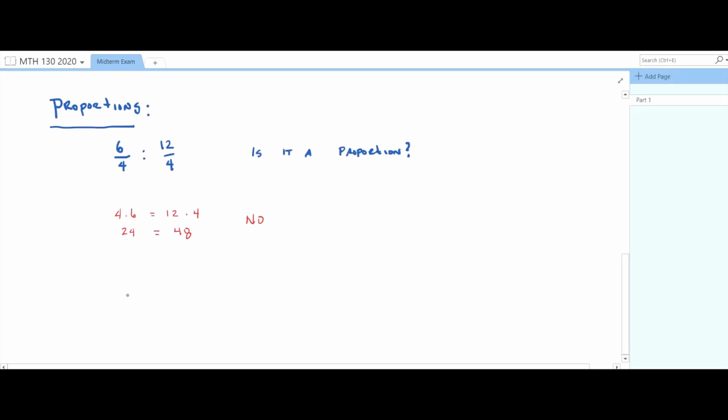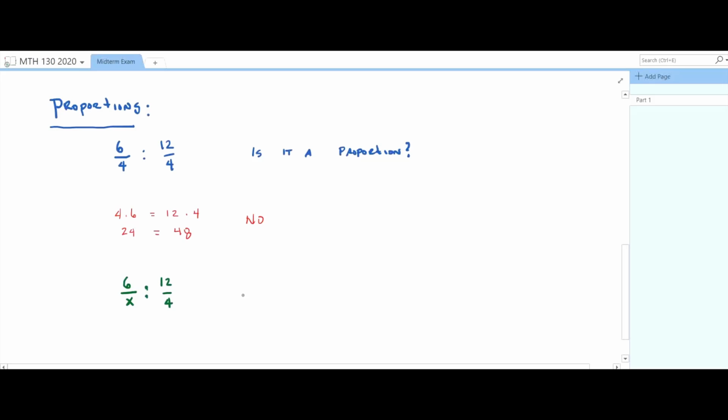Another style of problem I might have, I might give you similar triangles, or I might give you a relationship set up where you had 6 over x. Well, 6 over 4 is not the correct denominator number. Oops, I don't want that as an equal sign, even though that's kind of how we're going to handle it. I want this as a proportion. This is a colon. 6 over x to 12 over 4.